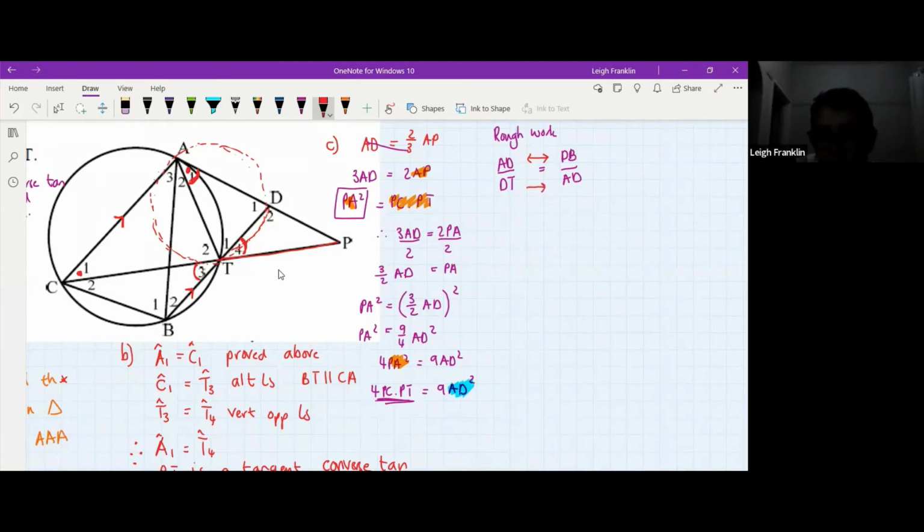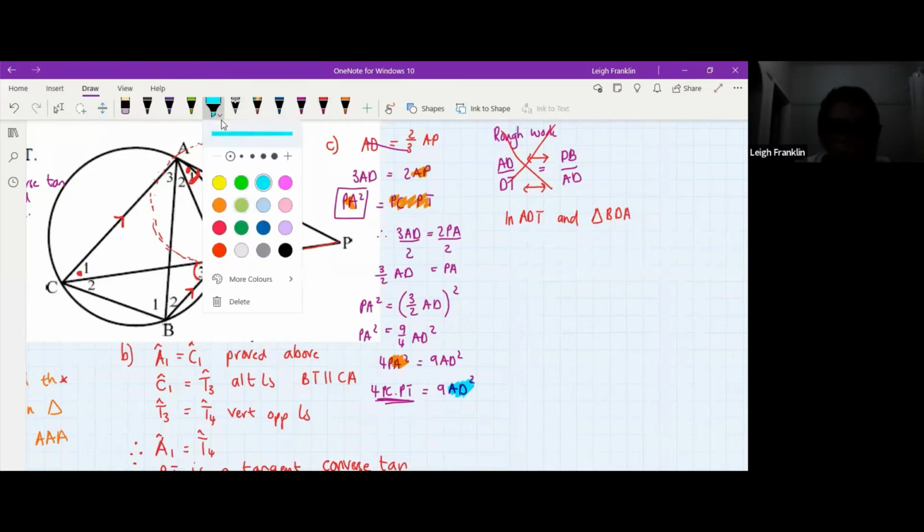Can you see that, Matrix? So now we know in which triangles we're going to work. We're going to work in triangle ADT, and we're going to work in triangle BDA. I'm going to highlight them for you so that you can see these triangles, just to make it a little bit more obvious.